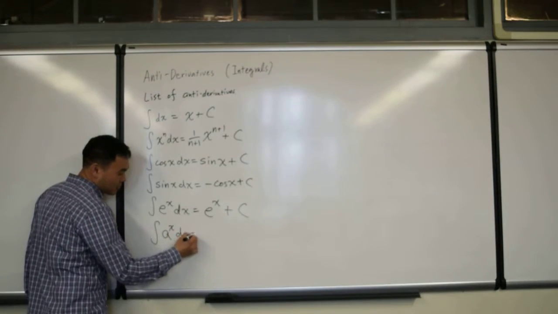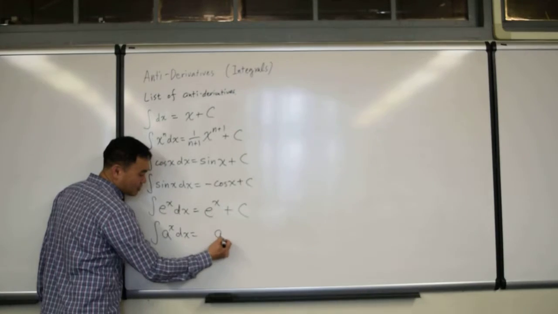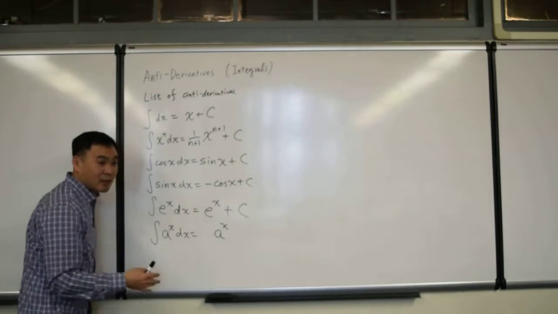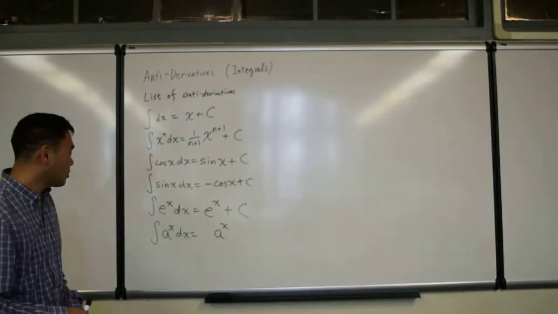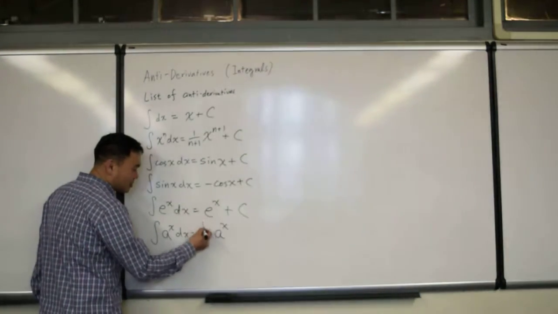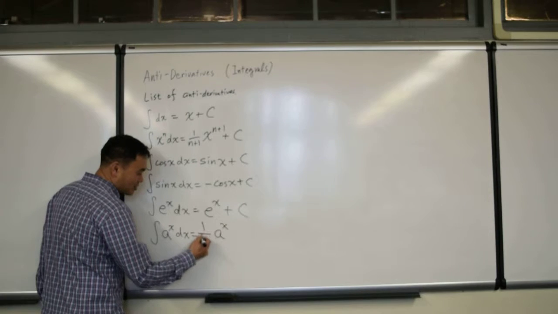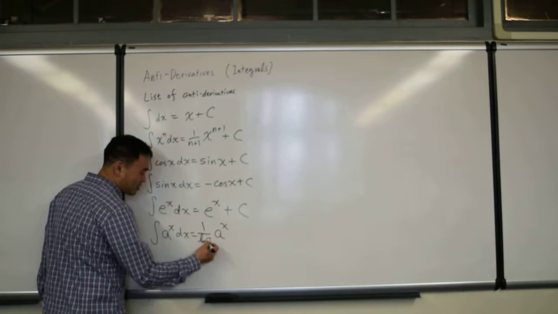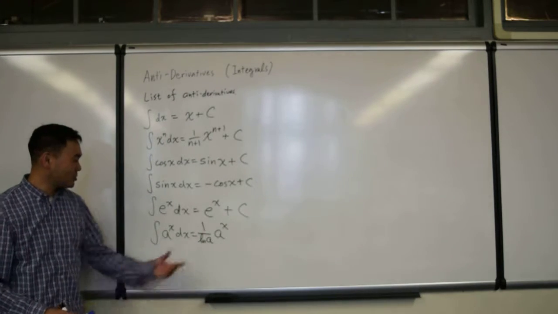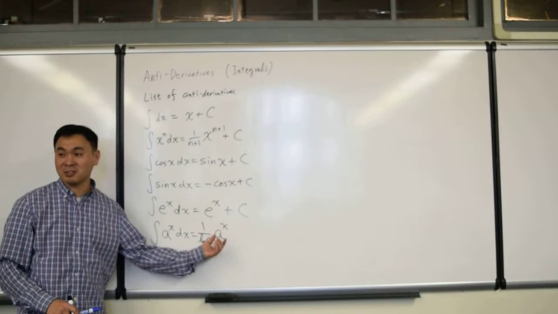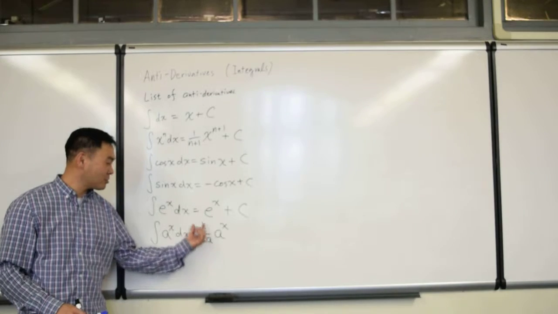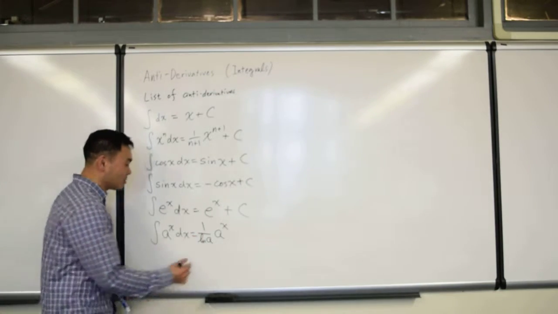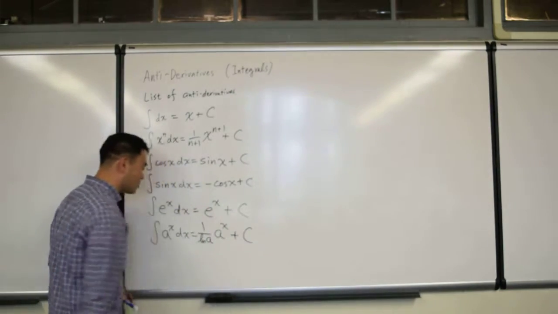Well, if you differentiate a^x, ln of a pops in front, right? So again, in this doctrine of preemptive strike, you want to put it there so that when it gets differentiated, the log of a that it creates will cancel this and give you this. So that's what it is.